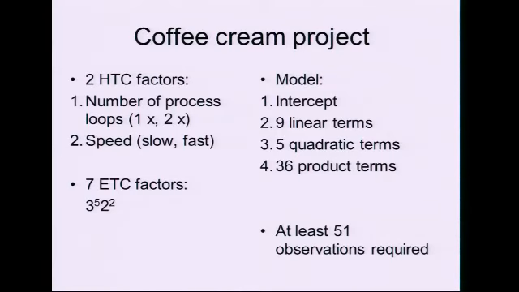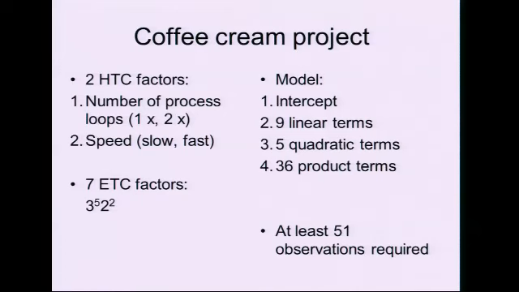So the model the people wanted to obtain contains an intercept, 9 linear terms because there are 9 factors, 5 quadratic terms because there are 5 3-level factors, and also 36 product terms. So these are simplified interactions.